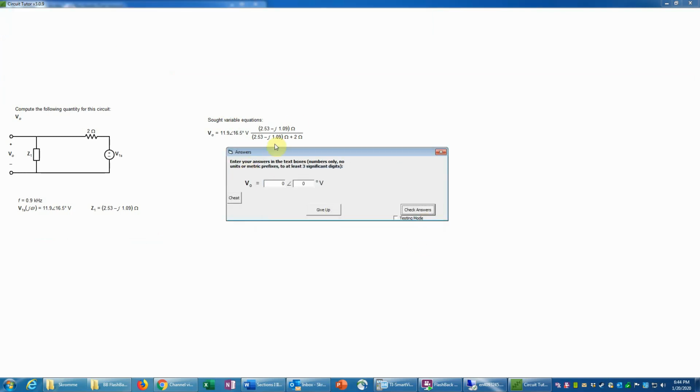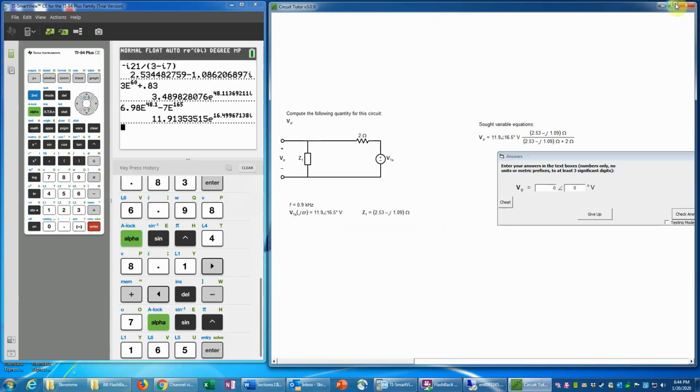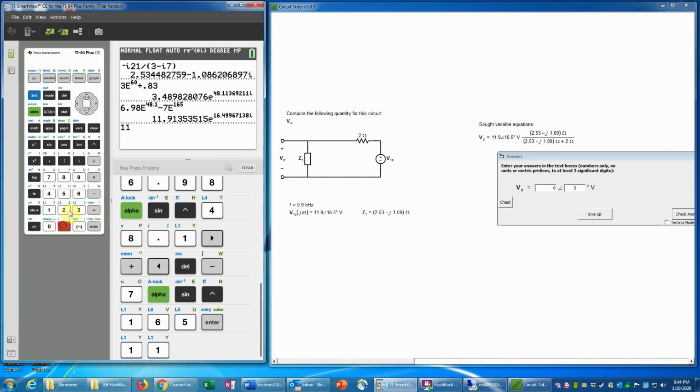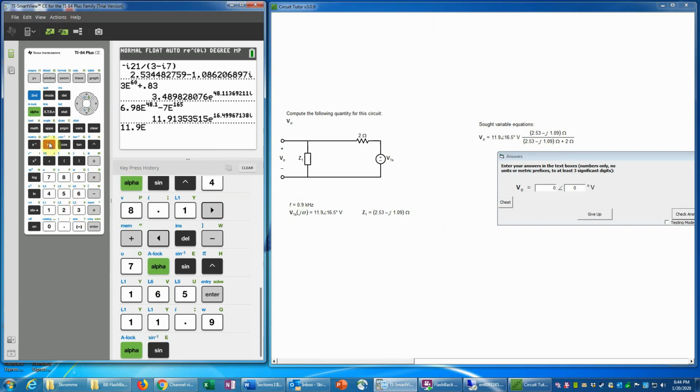And now we simply need to compute this value using a calculator. So we'll enter 11.9. And then we'll put that E. And I'm still in polar mode, by the way, which is what I want the answer to be, so that's good. So 11.9, E 16.5, to the power.